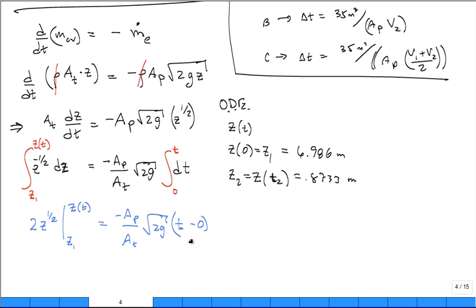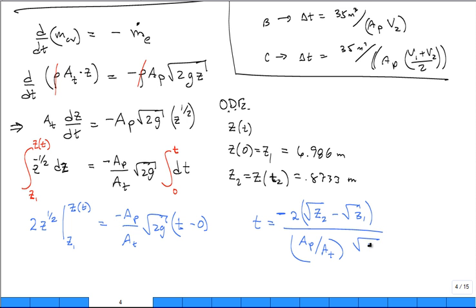If I wanted to solve for the time that it takes, it's going to be 2 times the square root of the final elevation minus the square root of the initial elevation, divided by, I'll bring that minus sign over here, the area of the pipe, area of the tank, square root of 2g.